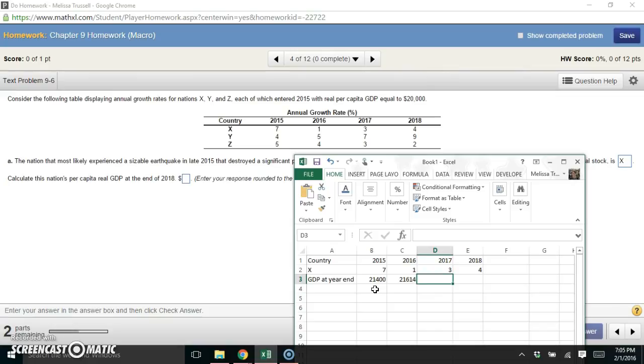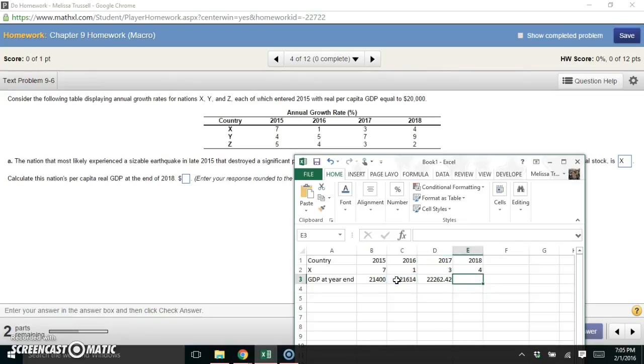And we want to do the same thing 2017 and 2018. In 2017, we started with what we ended with in 2016. So we started with this 21,614, and we're told we grew at a rate of 3%. So we want to multiply by 1.03 to get the amount that we had at the end of 2017.